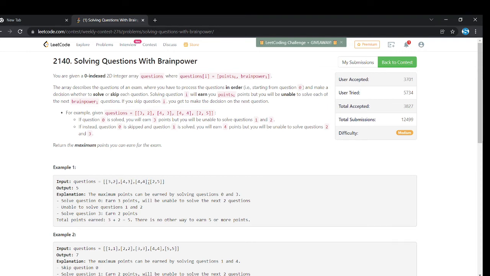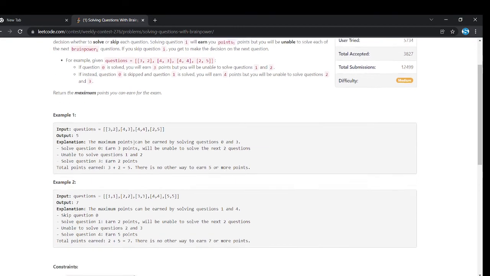So what we have to find is how to solve questions in such a way that we collect maximum points from it. That's what they are asking in this question.